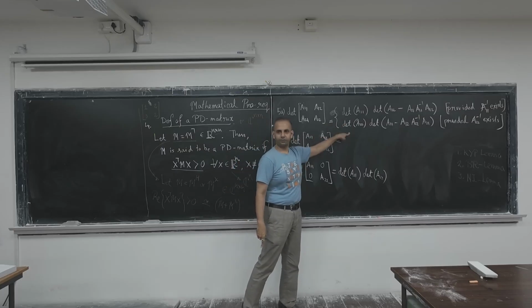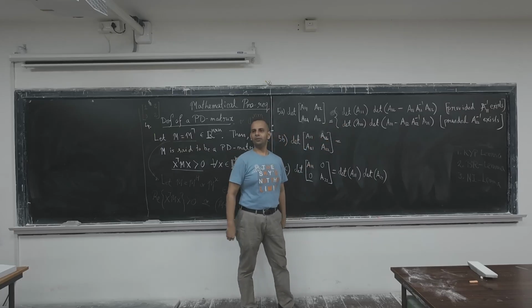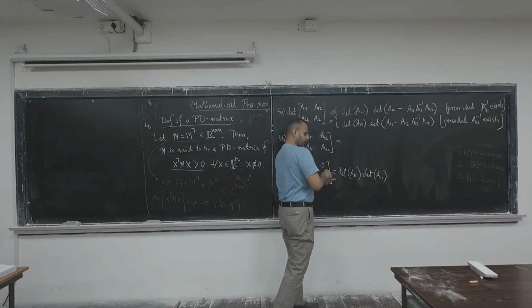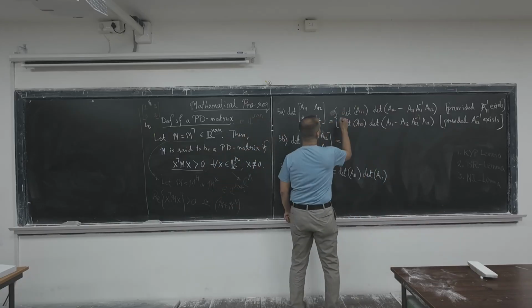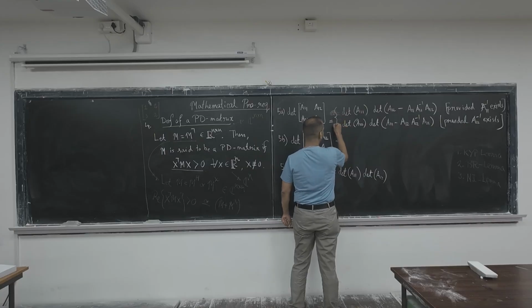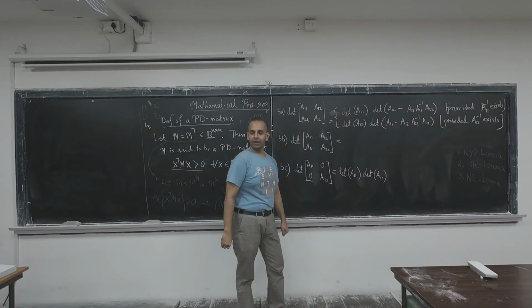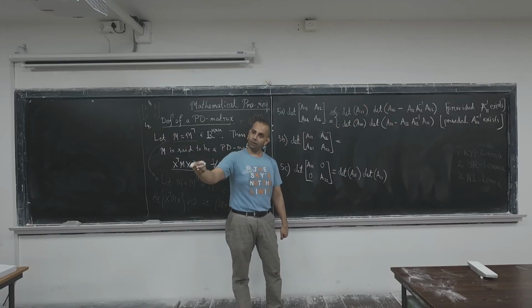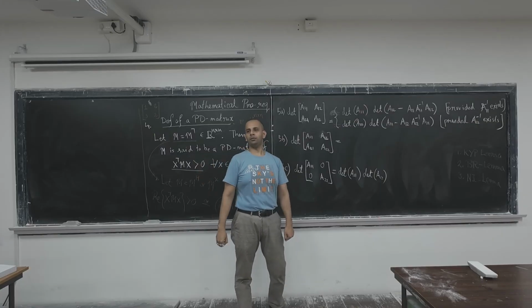The way I have written it, equals, then a brace, that means one of them. But in the book you will find they have put an equals between, equals to this and equals to this. If you have to write that, then the assumption is both A11 and A22 are invertible.